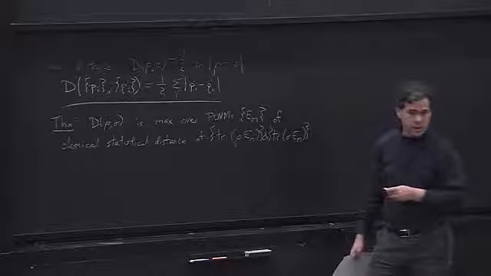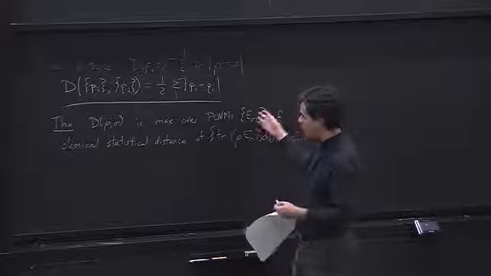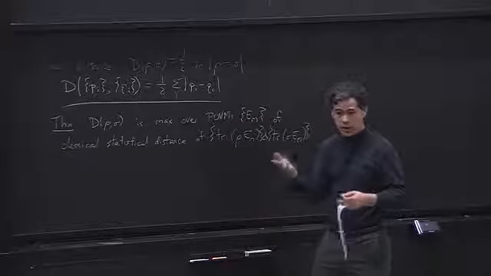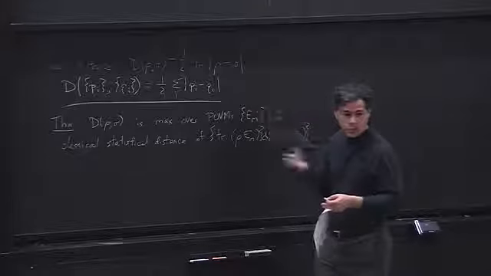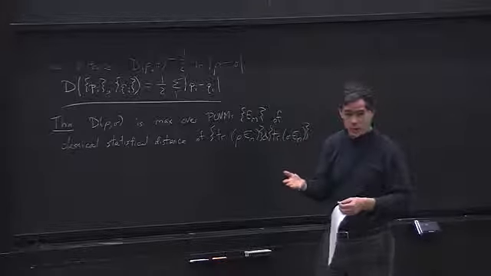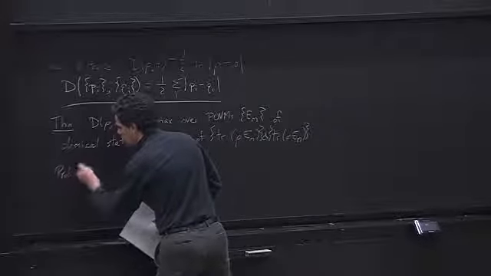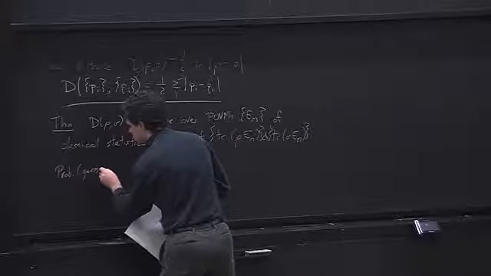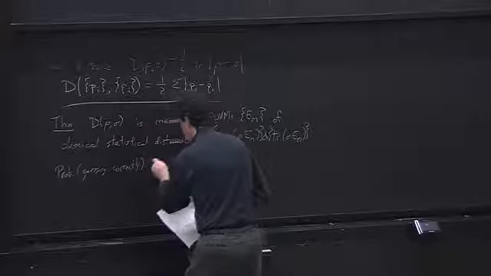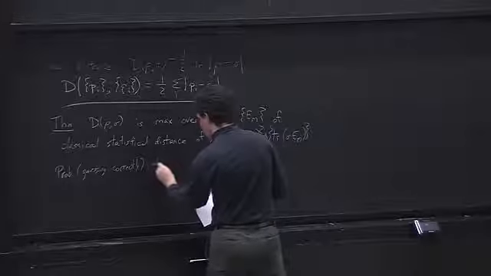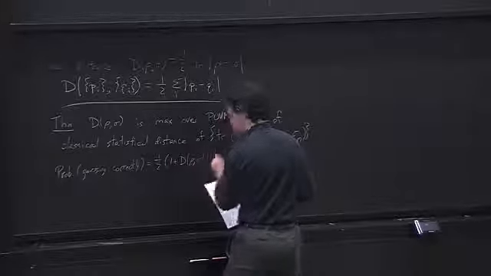Okay, and this turns out, so if you have a 50-50 chance of having rho or sigma, and you want to guess which one you have, this turns out to be the best possible measurement you can make to figure out which one you have. And the probability of guessing correctly is then 1/2 (1 plus the trace distance).